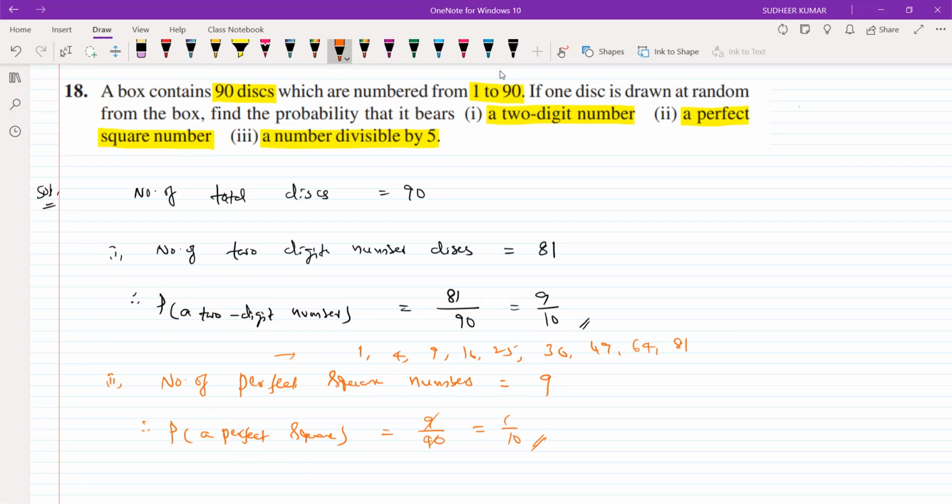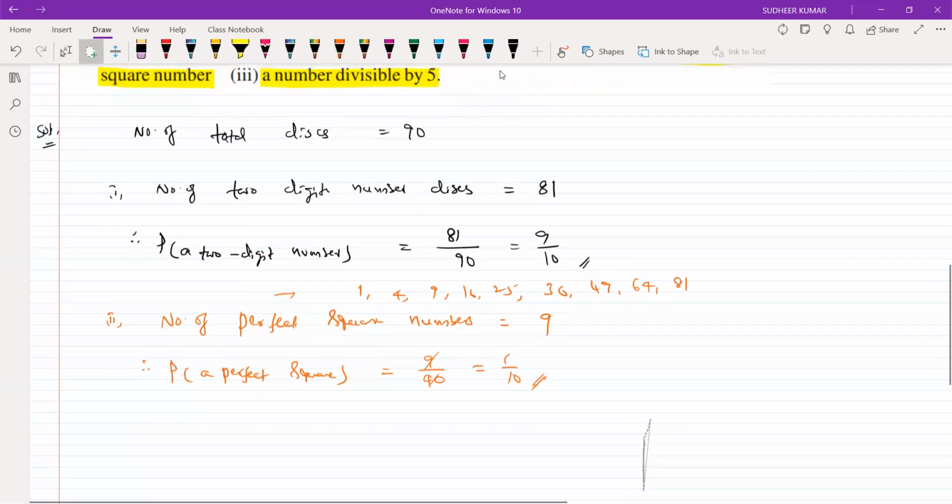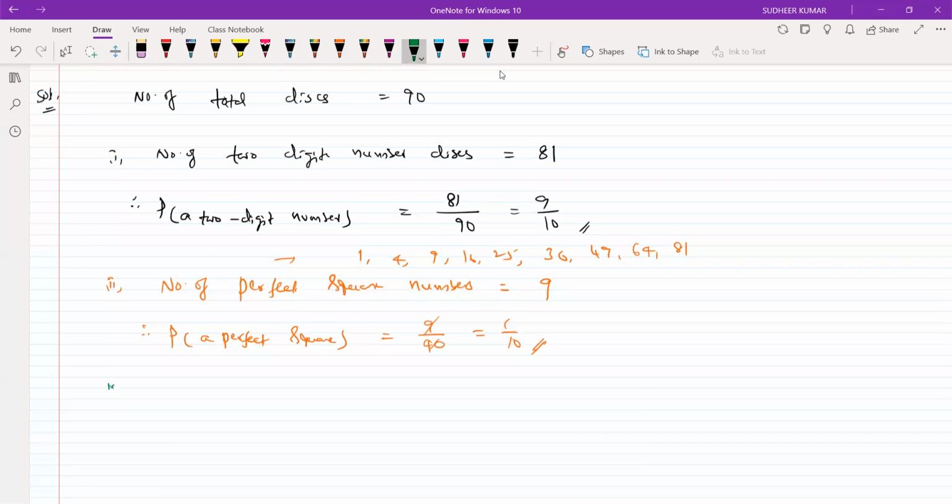A number divisible by 5. So the third one is the number of numbers that are divisible by 5. What are those? 5, 10. So in every 10 there are 2.